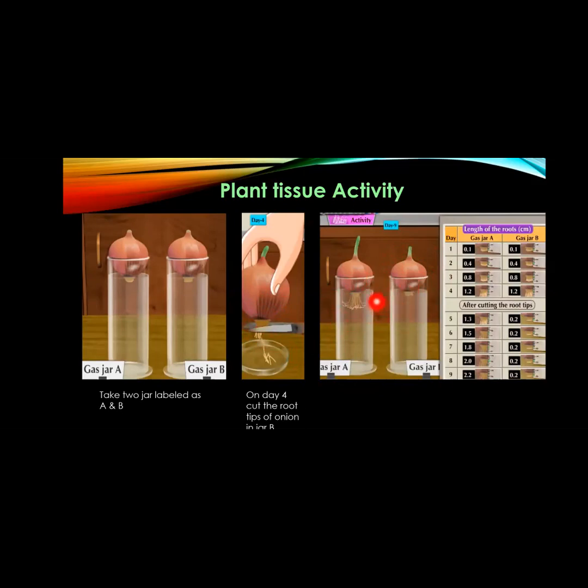Here, the root continued to grow, whereas after cutting the root tips, the onion in jar B does not show the growth. We can see it in the measurements. In jar A, the size goes on increasing, the length goes on increasing, whereas in jar B, there is no change.